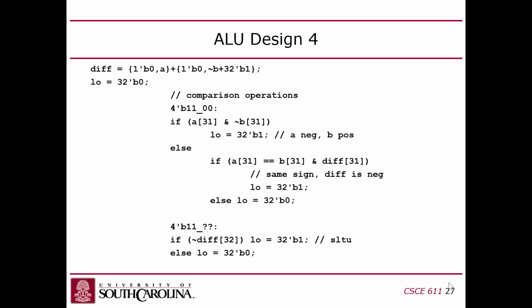Okay, so let's say they're both negative. A is -5, B is -4. So A is less than B, it should be. But if you subtract them, that's going to be -5 minus -4, so the diff sign is going to be negative.